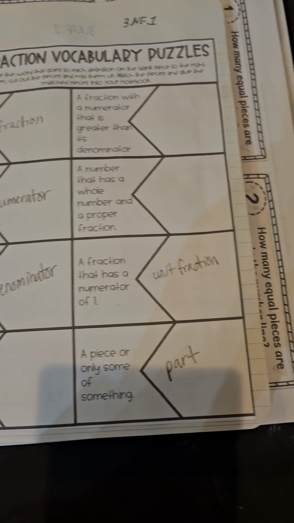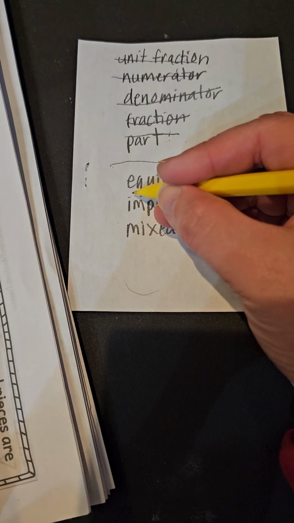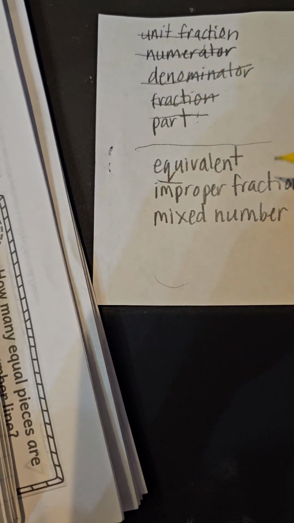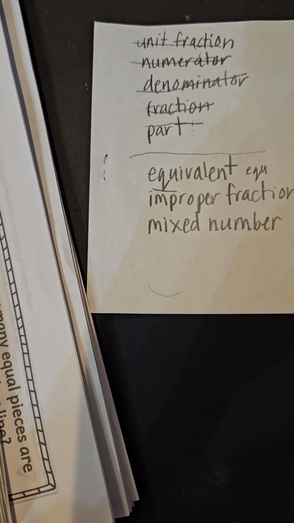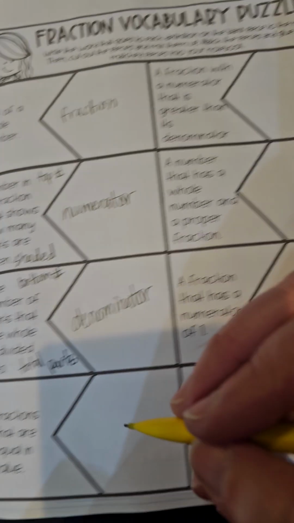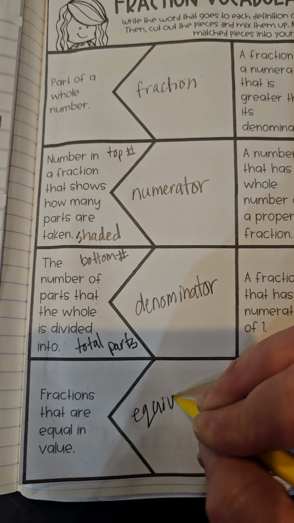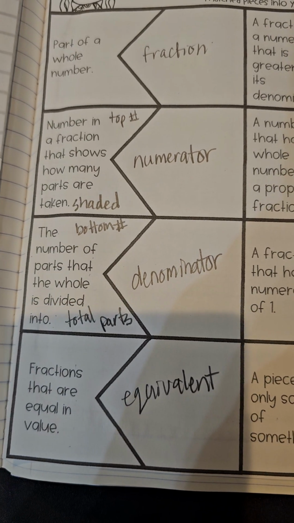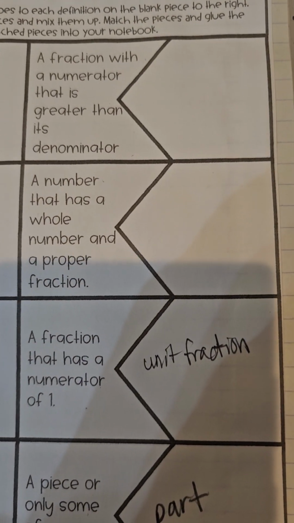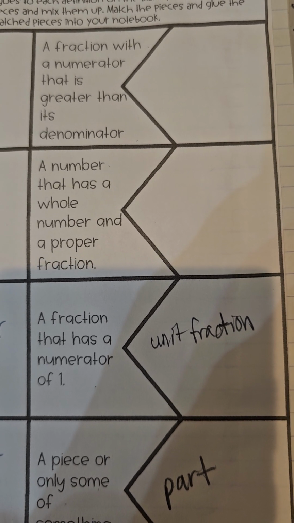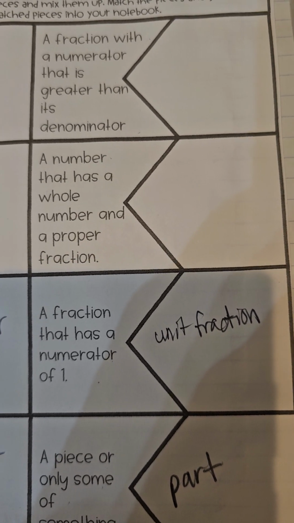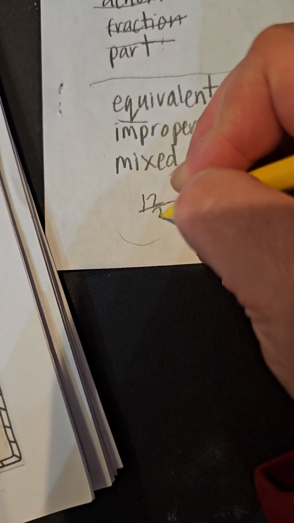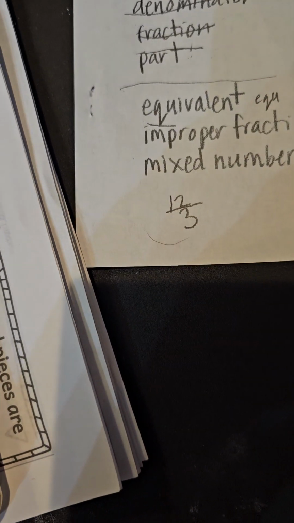Fractions that are equal in value. Well, this word equivalent has those first 3 letters that are in equal. So equivalent. And the next one is a fraction with a numerator that is greater than its denominator. So if you see a fraction that has, for example, 12 over 3, does that look proper?